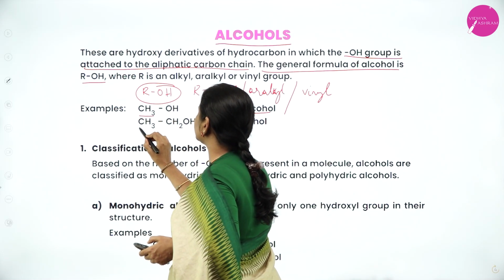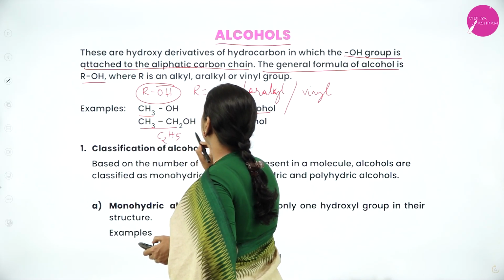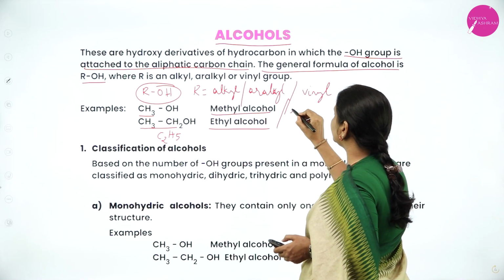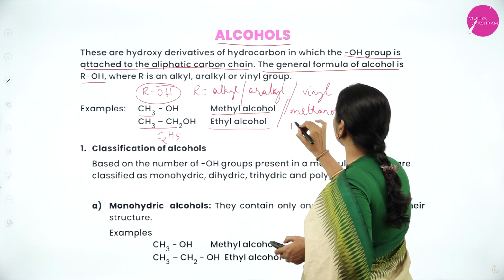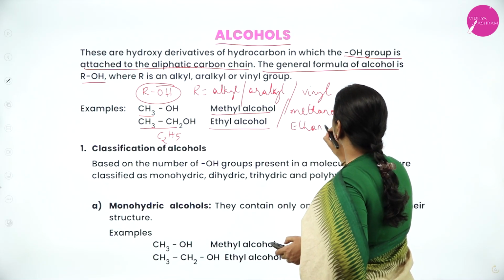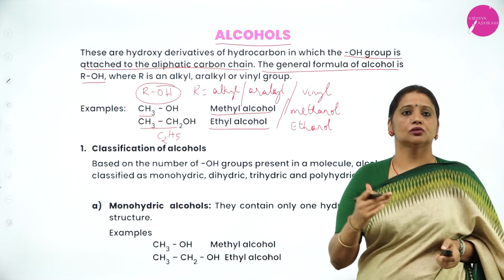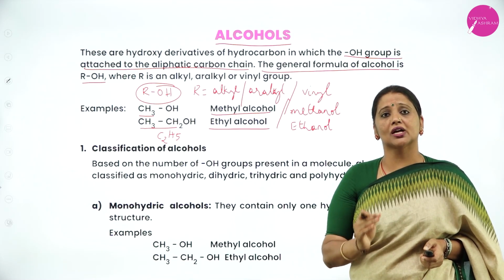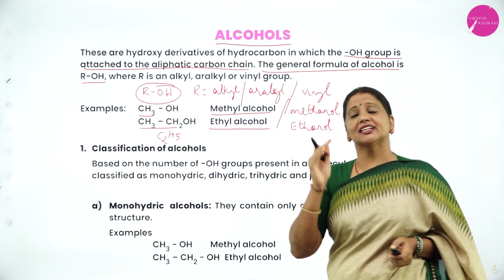If R is equal to CH3CH2, that is C2H5, it is known as what? Ethyl alcohol. Methyl alcohol, IUPAC name is methanol. Ethyl alcohol, IUPAC name is what? Ethanol. So, alcohols are hydroxy derivatives of hydrocarbon in which the OH group is attached to the aliphatic carbon chain.